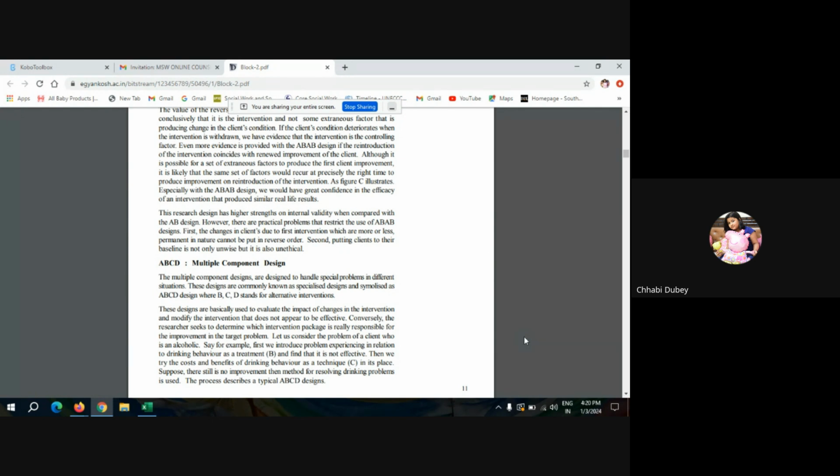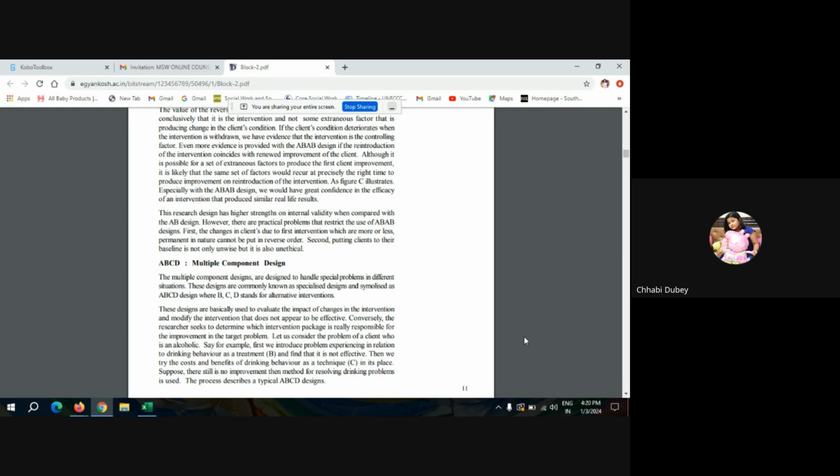Okay, and this is symbolized by the term ABCD design, where B, C, and D, these last three letters stand for alternative interventions. Okay, so we will be having alternative interventions or alternative plans for ABCD, or the multiple component designs.